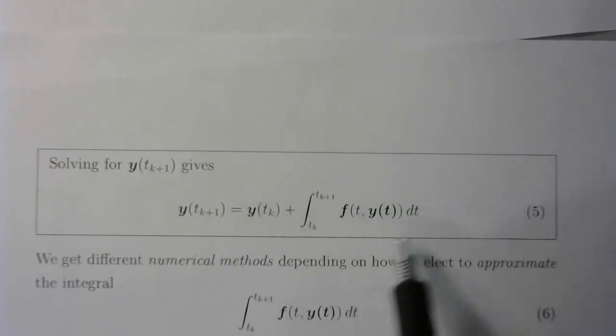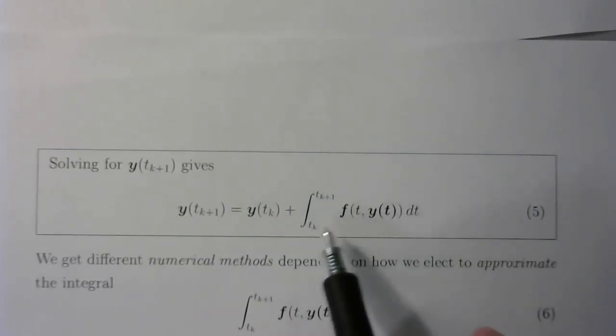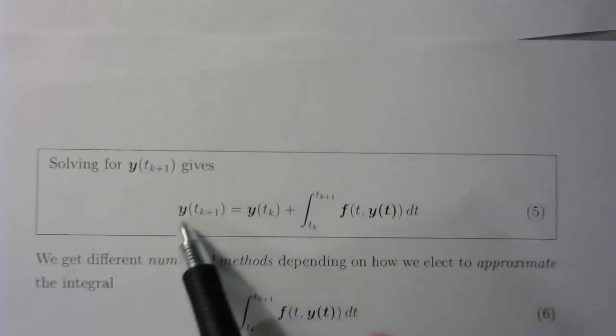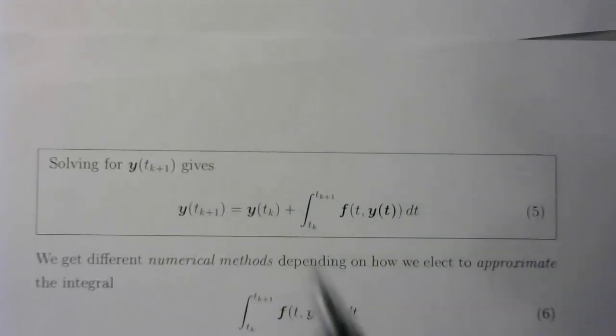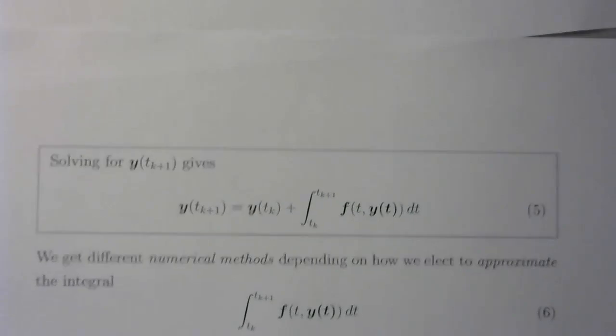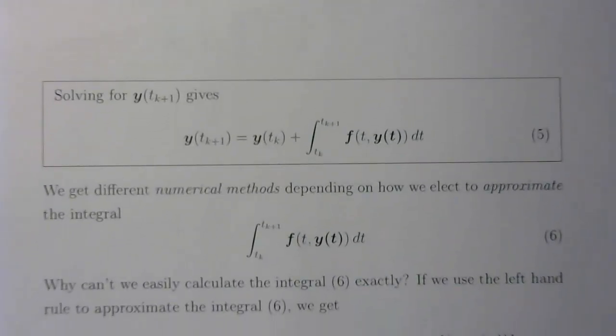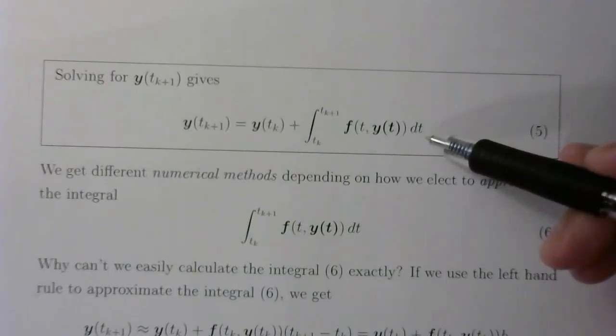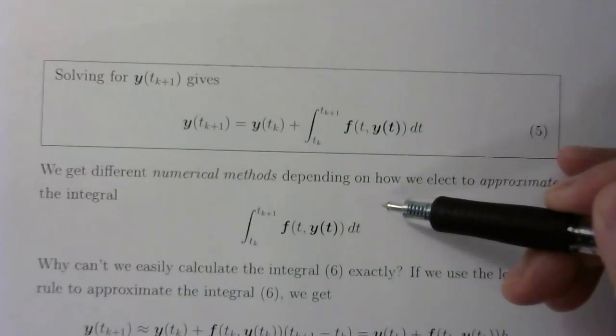Everything on the right-hand side is in terms of tk up until tk plus 1, and it gives me this updated value for my function y. So the idea is that numerical methods differ in how they approximate this integral here.